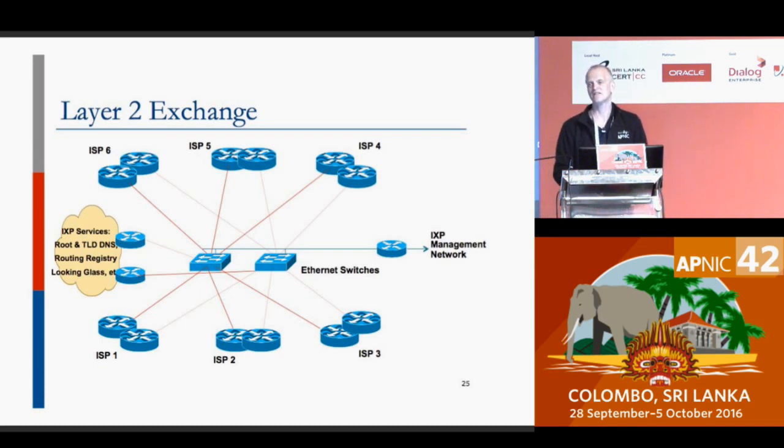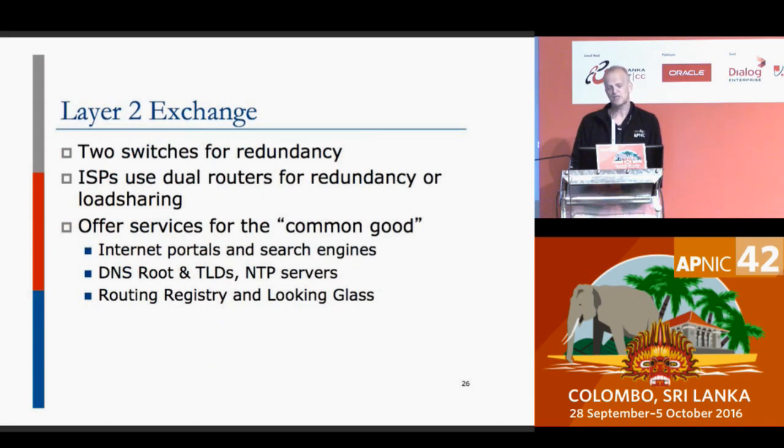It just depends on the local situation. Because there's a concern that if one switch disappears, so again, that's not a great diagram, but it just shows the concept of having a couple of switches in the core. So two switches for redundancy. The service providers use dual routers for redundancy and load sharing.